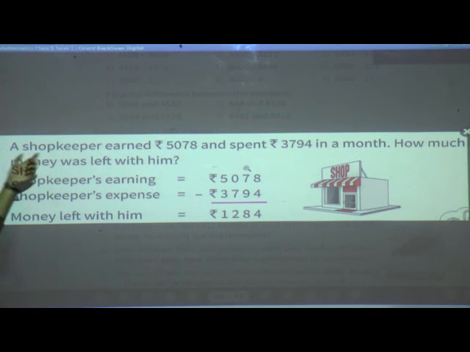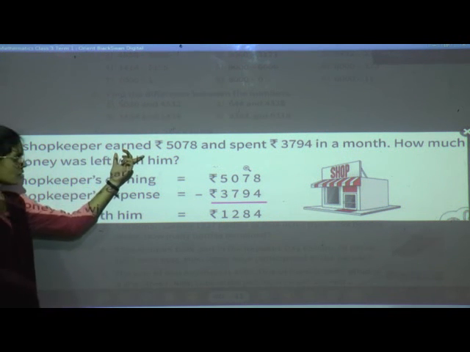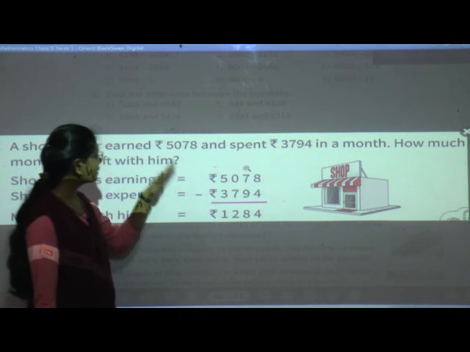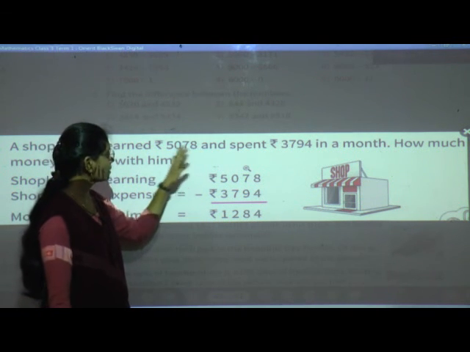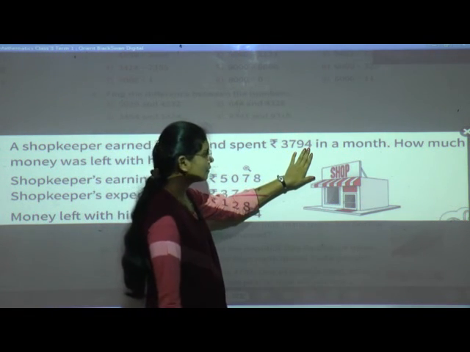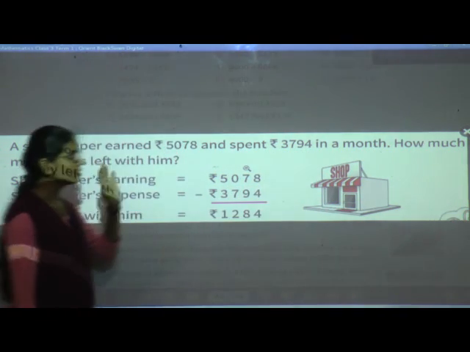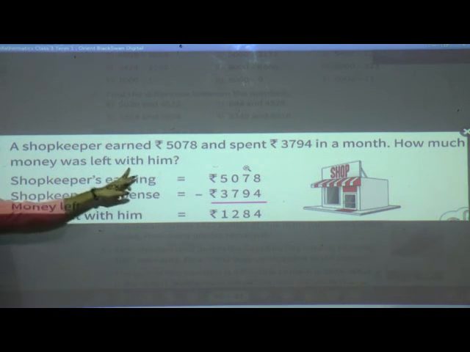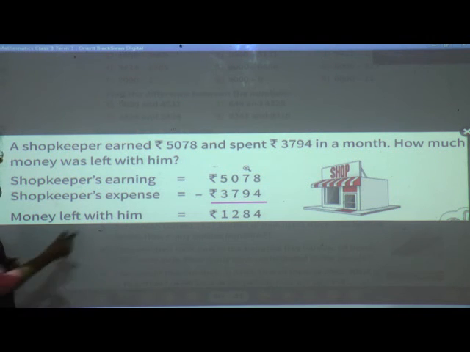A shopkeeper earned rupees 5078, and from that 5078 he spent 3794 in a month. Then the question is, how much money was left with him? See the word left. Left means here we have to do the subtraction.